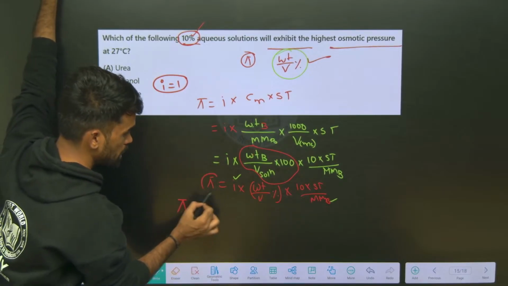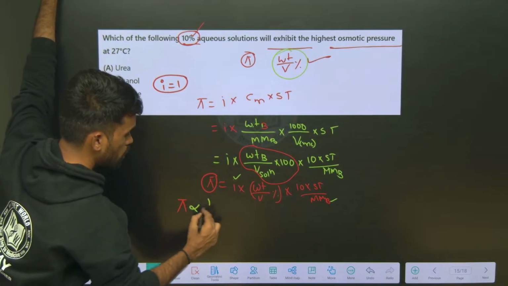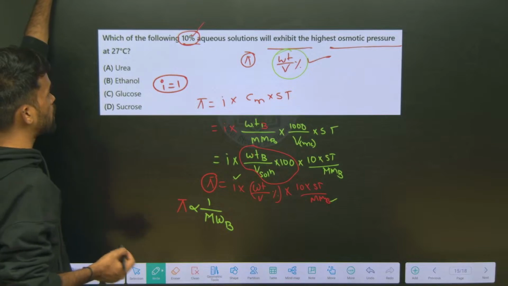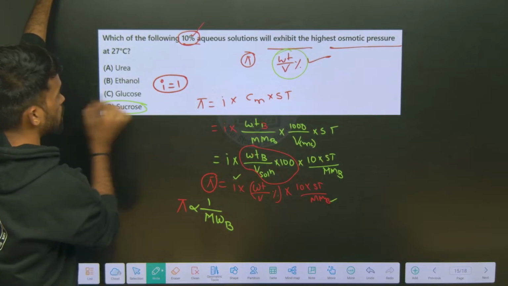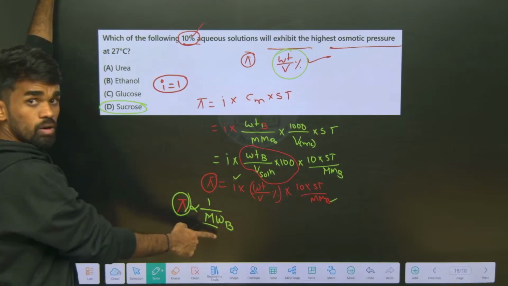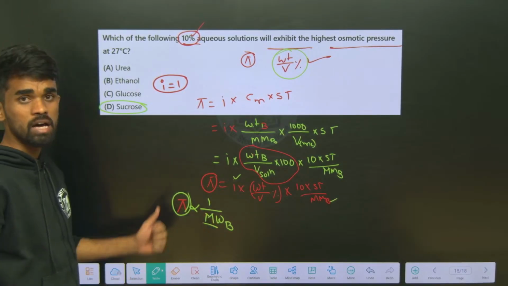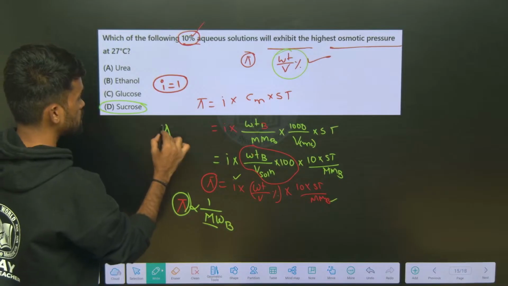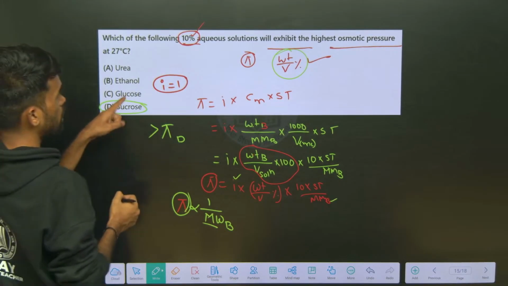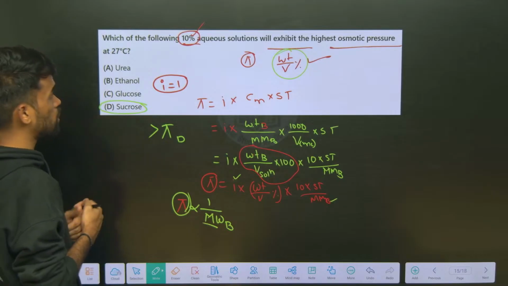That is how it is related. Pi is inversely proportional to the molecular weight of the solute. So now tell me which has more molecular weight. Sucrose has the highest molecular weight. So the greater the molecular weight, the lower the osmotic pressure. So the least is for D. And after that, glucose molecular weight is more.